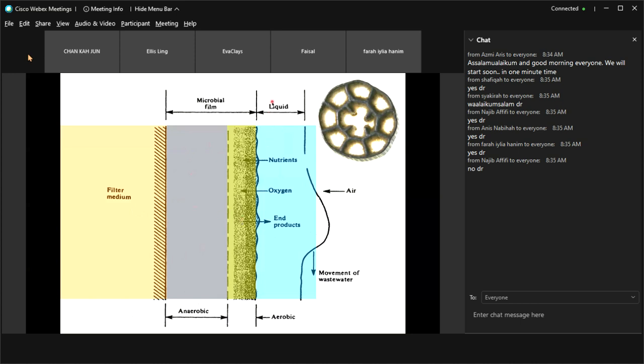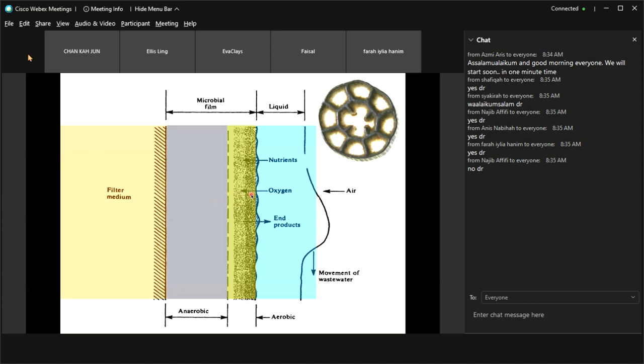So as we pass through the wastewater, because in the wastewater there is food, the nutrient and the food from the wastewater will be absorbed into the biofilm. Okay, the same goes with the oxygen. The oxygen will also be absorbed by the biofilm, and with that the biofilm will grow.